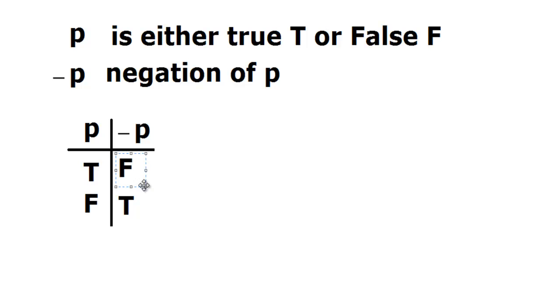Now we are going to connect different statements through logical connectives. If we have two statements P, Q, we can connect them through a logical connective called P or Q, where the connective is or. We also call it disjunction.